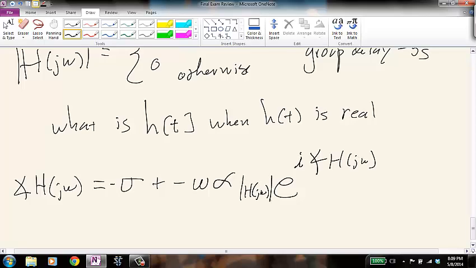We still have to multiply it by I. So this is what we're trying to find. So this is our form of the angle. Some part depends on the frequency and some part does not.